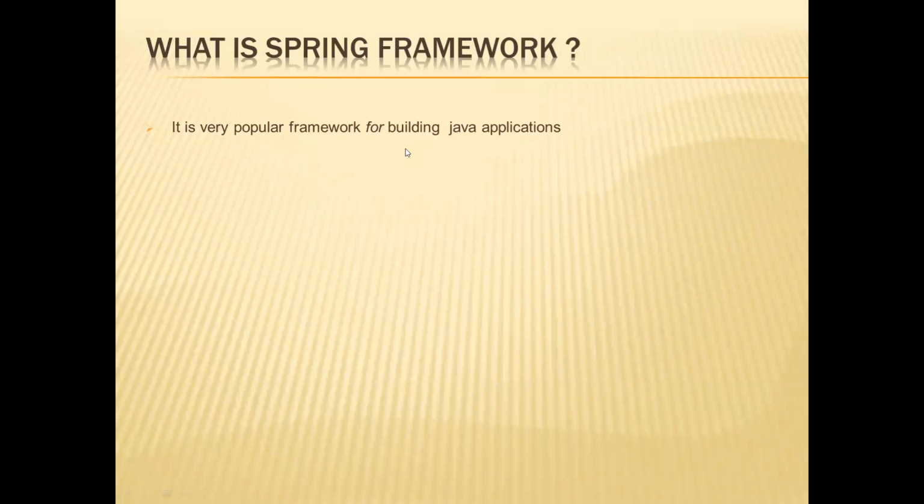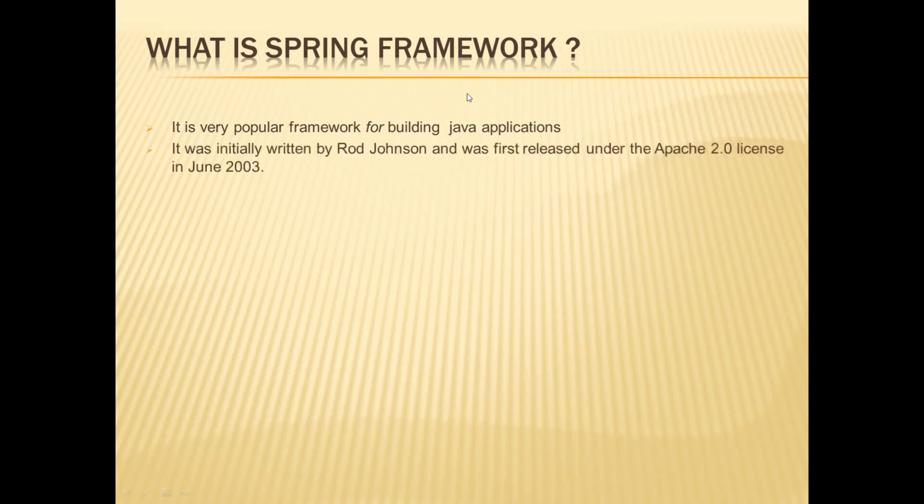These points I will also explain in the coming sessions, but right now, by using the Spring framework we can build our applications. The Spring framework was written by Rod Johnson, the author, and was first released under the Apache 2.0 license in June 2003. This is the Spring framework.